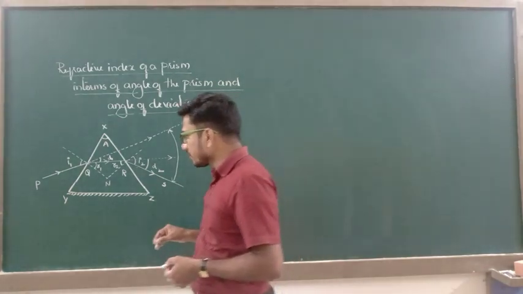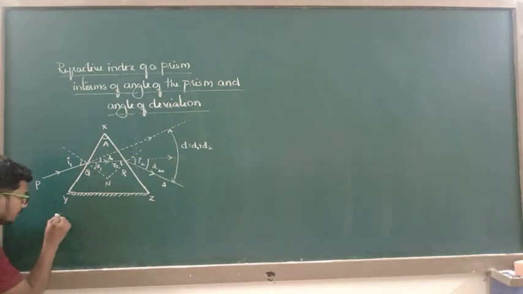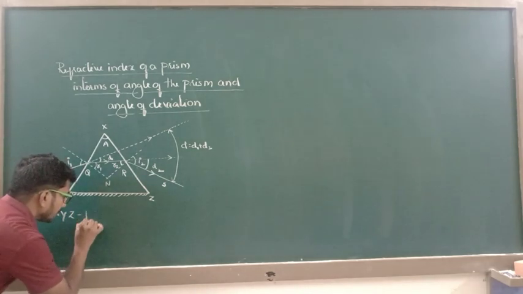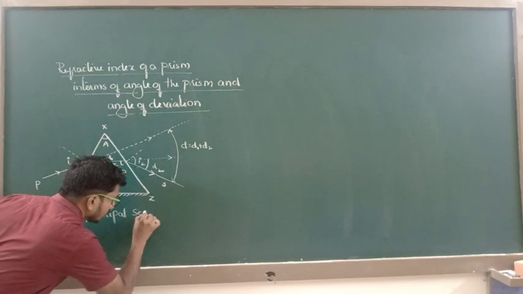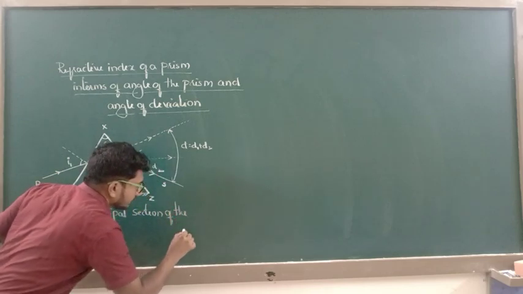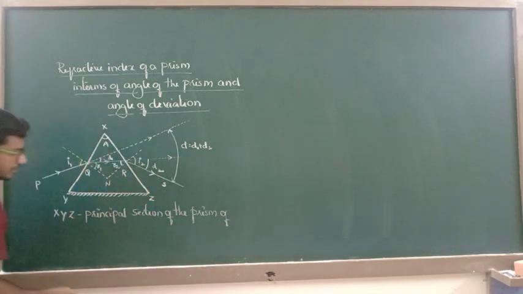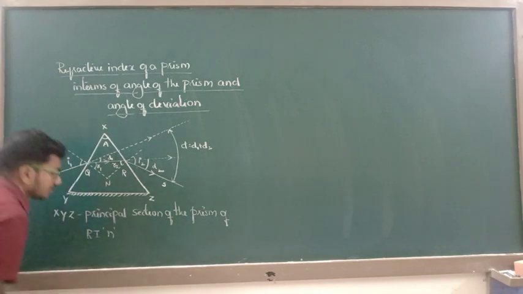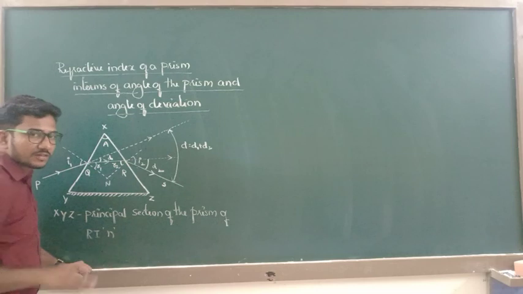Now, brief explanation about this diagram. X, Y, Z, principal section of the prism of refractive index N. So here we don't know refractive index of the prism. Let us say N be the refractive index of this prism.